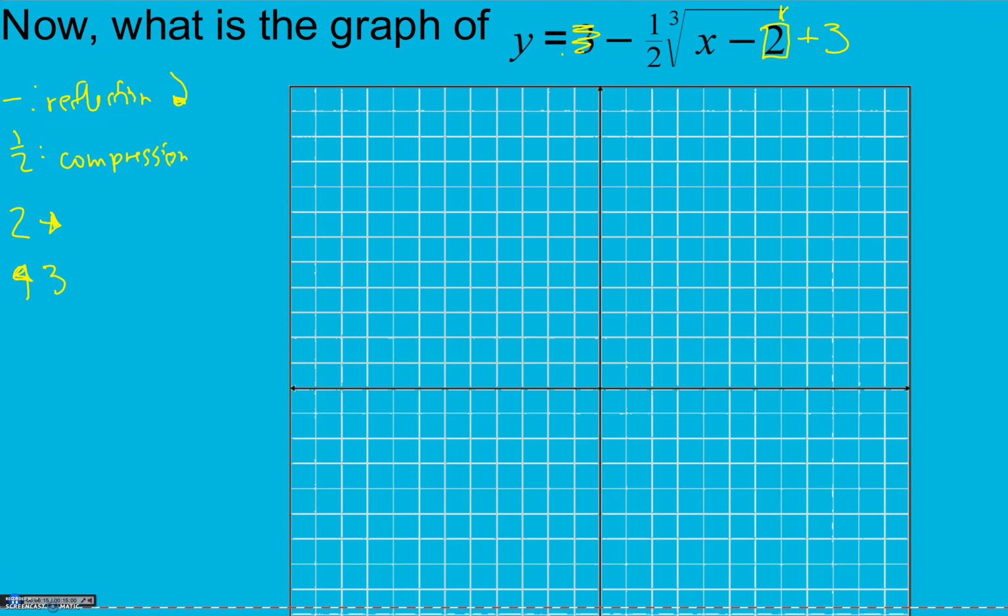So again, this is all based off a parent function of y equals the cube root of x. So I have 0, 0, 1, 1, negative 1, negative 1, and then I have 8, 2, and negative 8, negative 2.